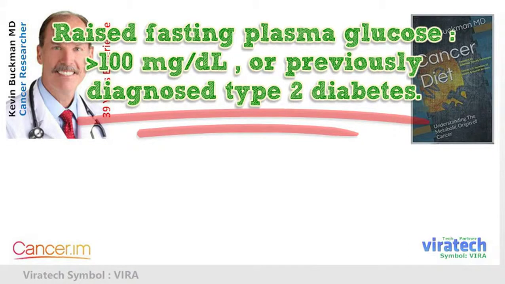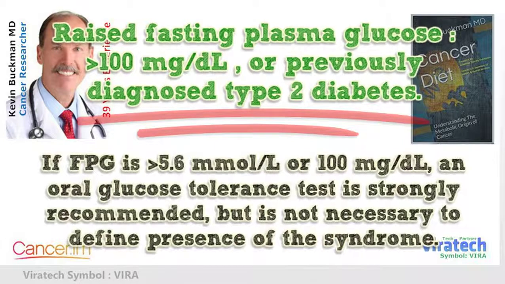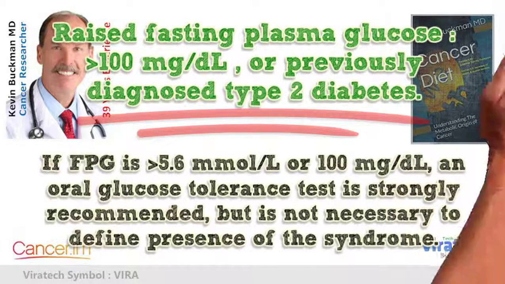mg/dl, or previously diagnosed type 2 diabetes, if FPG is greater than 5.6 mmol/L or 100 mg/dl. An oral glucose tolerance test is strongly recommended, but is not necessary to define presence of the syndrome.